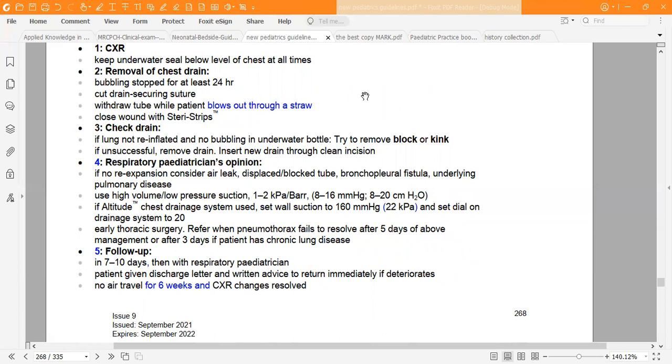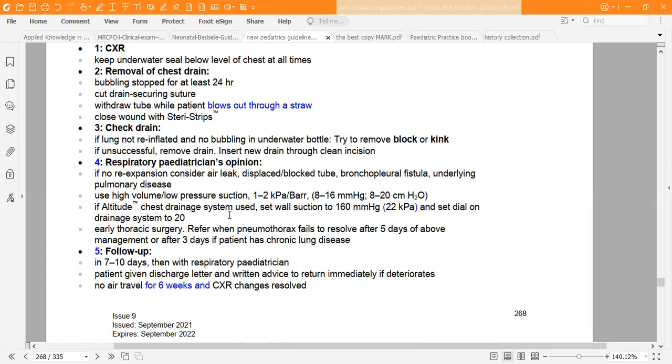If there is no re-expansion, consider an air leak. That means there's some air leaking somewhere: a displaced or blocked tube, a bronchopleural fistula, or underlying pulmonary disease. You have to think of all this. Use high volume, low pressure suction, 1 to 2 kilopascal per bar, that is 8 to 60 millimeters of mercury, 8 to 20 centimeters of water.